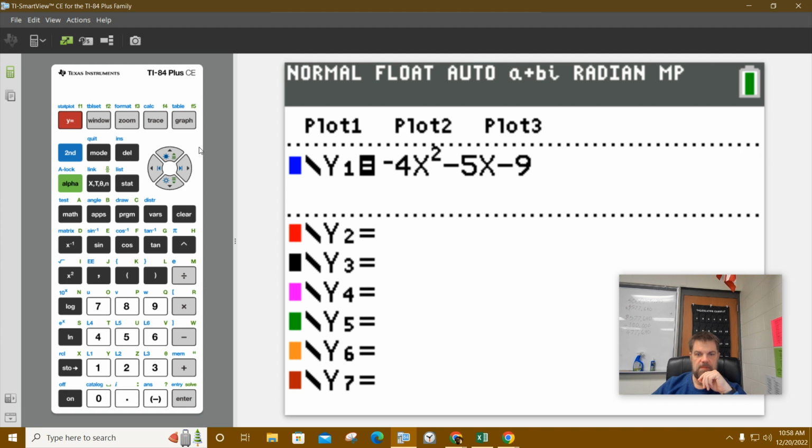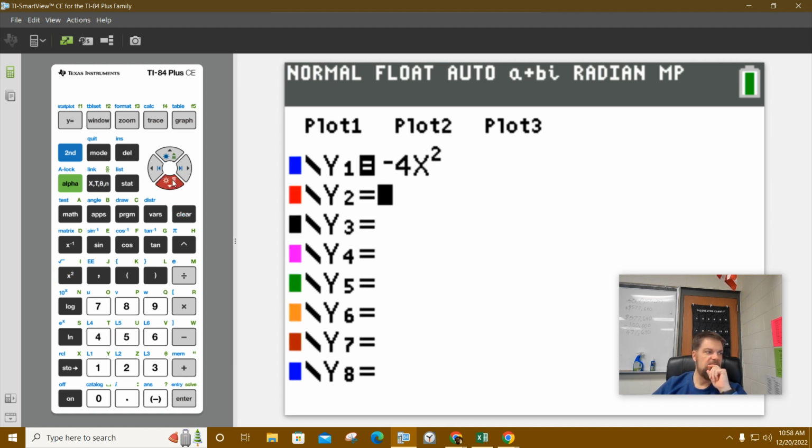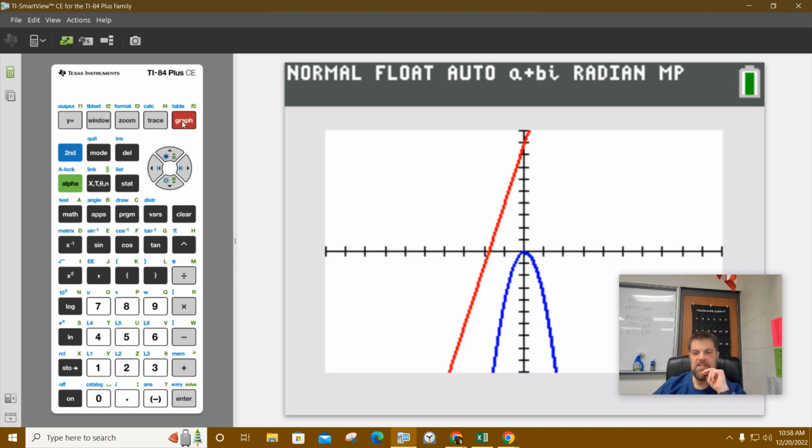Another thing that I could have done is graph the left-hand side of the equal sign, which would have been negative 4x squared, and then the right side, which was originally 5x plus 9. If I graph this, I notice that the right-hand side never crosses the left-hand side.